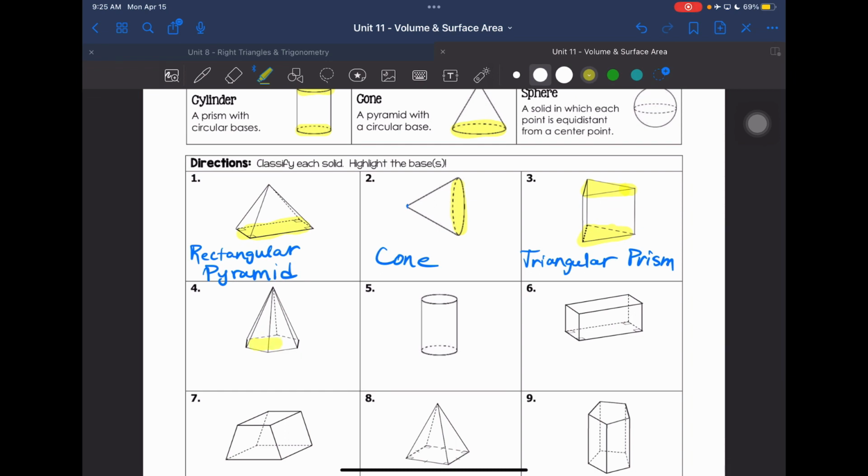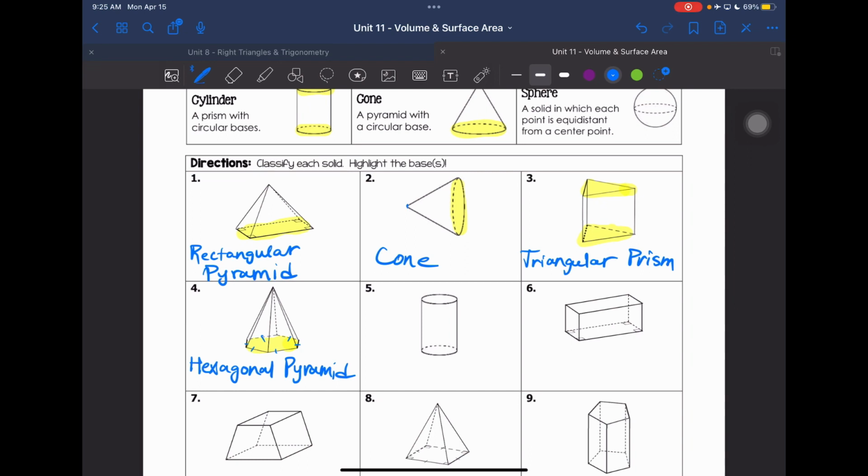And so that means that we have one base down here on the bottom. And this shape on the bottom, if you count the sides, it seems like it has 6 sides. So the base is a hexagon, which means that this is a hexagonal pyramid, which we don't really see that often, but they do exist.